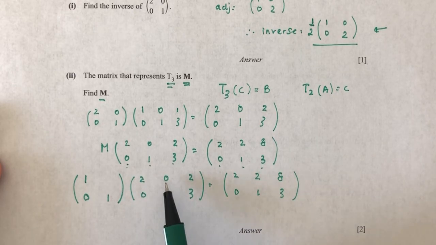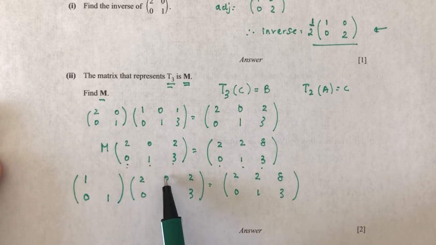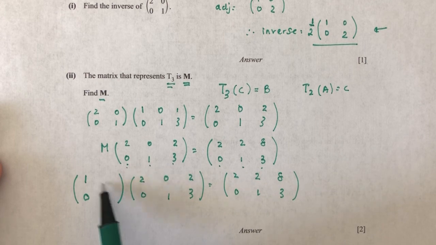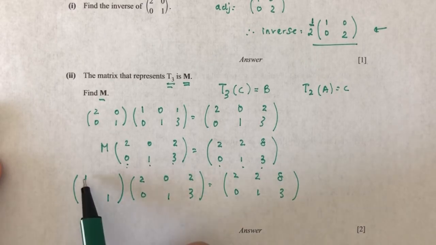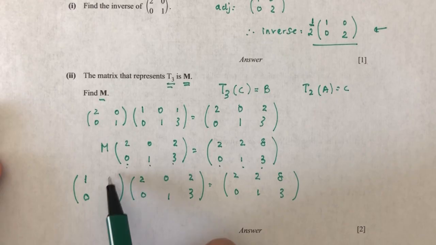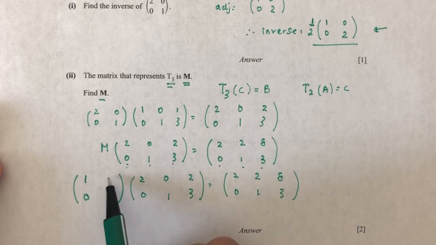Moving on to this one: 1 times 0 is 0. Then it's row by column, so the row is 1 times this plus this times this, right? 1 times 0 is 0 plus some number times 1 must equal 2. What number times 1 equals 2?